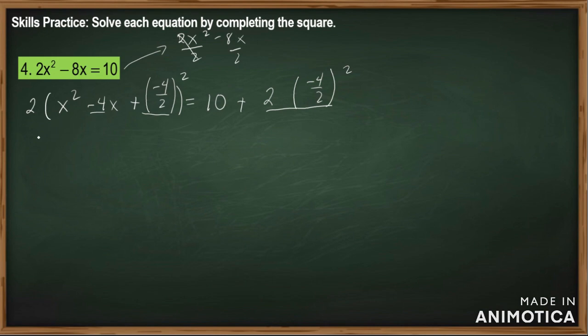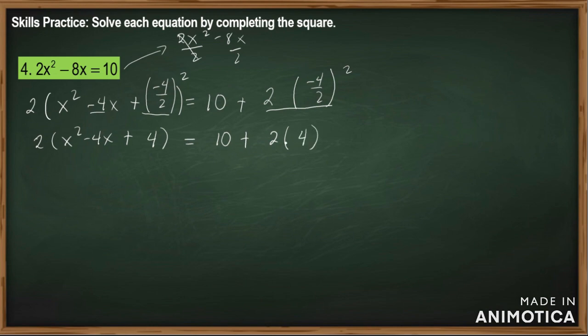So we have 2 times x squared minus 4x plus negative 4 divided by 2 is negative 2, and the square of negative 2 is positive 4. Then we have 10 plus 2 times negative 4 divided by 2 again is negative 2. The square of negative 2 is positive 4.